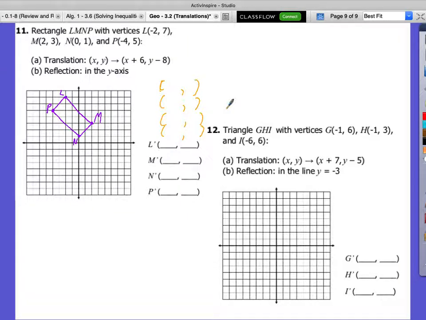Wait, so does this one actually dash to... That was a different thing.